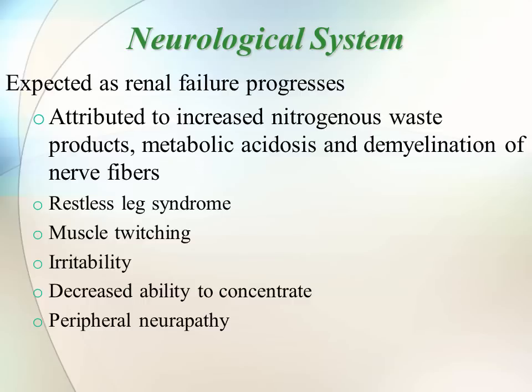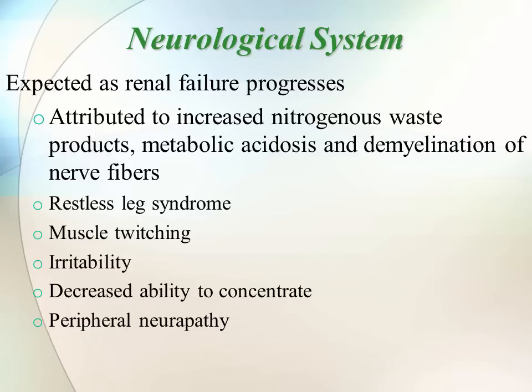Especially in end-stage disease and in a severe case of acute kidney injury, you see lethargy, a decreased ability to concentrate, and irritability. It can even end with encephalopathy, confusion, and coma.